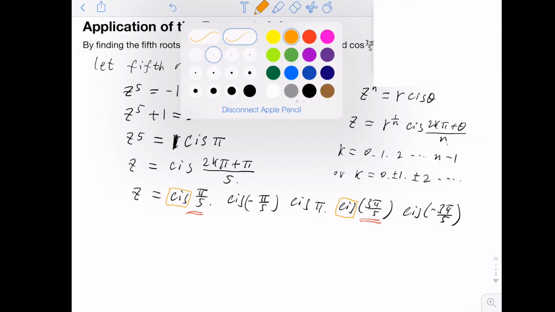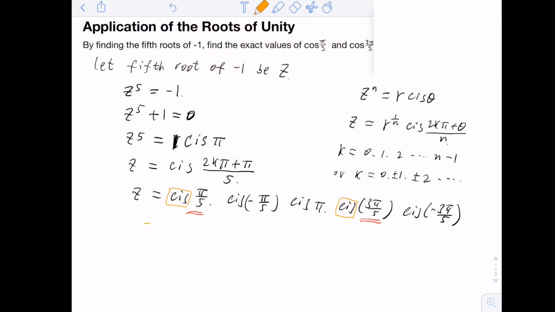We have this formula, so let's write it down: z plus z to the power of -1 equals 2 cos theta. I'm going to use this formula to change the cis into cos, so z plus z to the power of -1 equals 2 cos pi on 5.